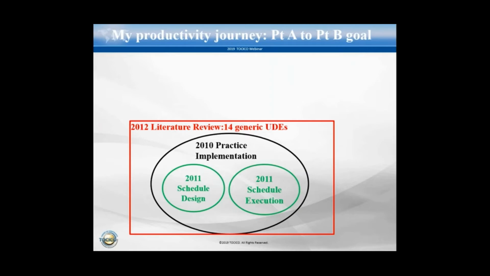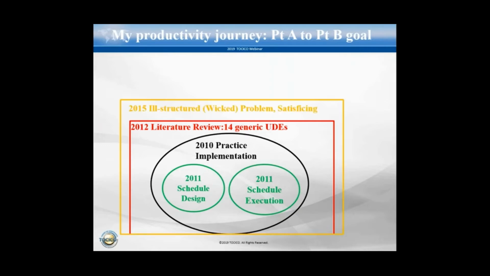The UDEs, the problems, were generic. So along that path, I started thinking, well, if the problems are generic, maybe there's a generic solution to outpatient scheduling. So that changed the focus.